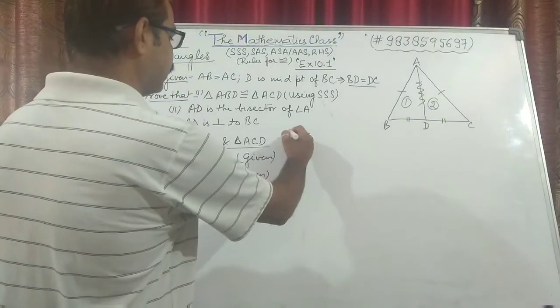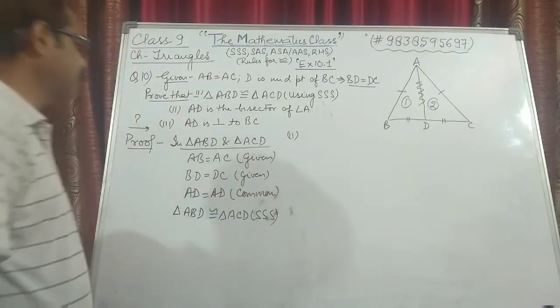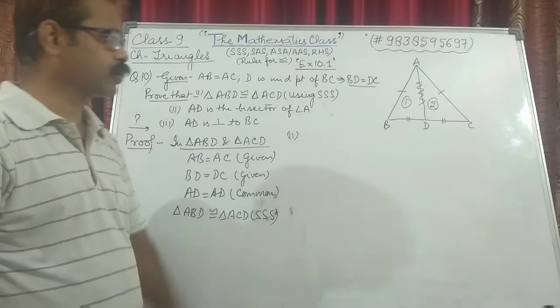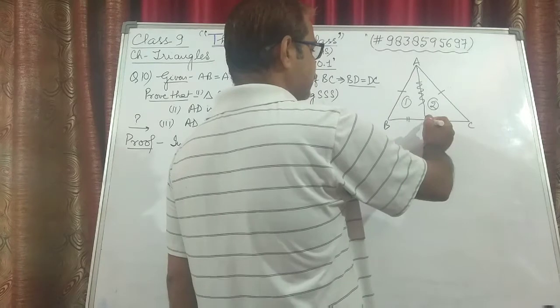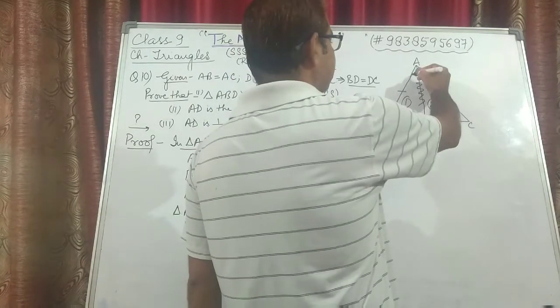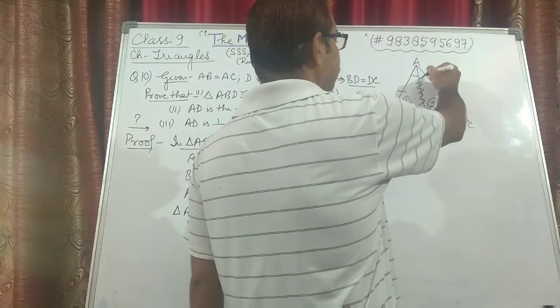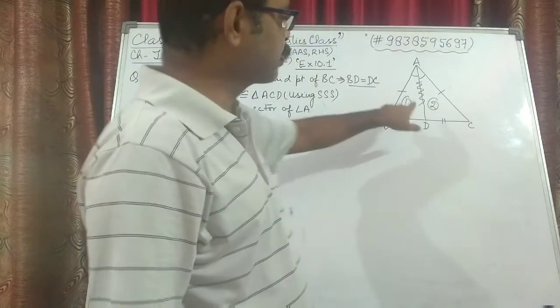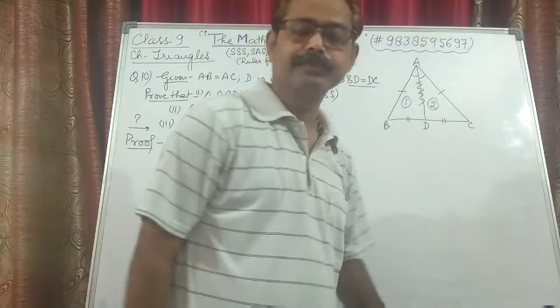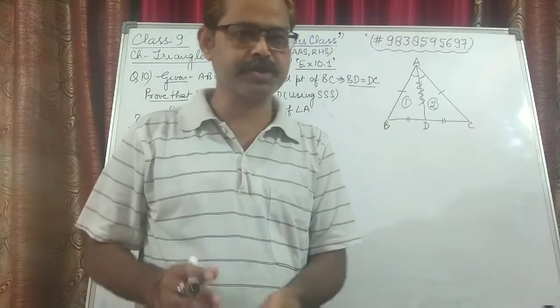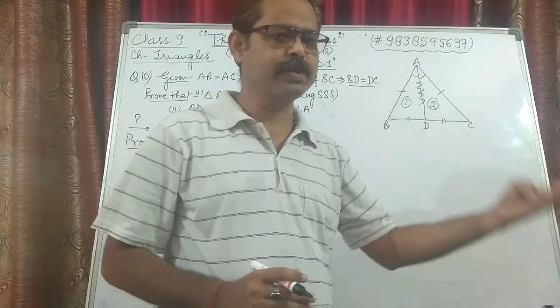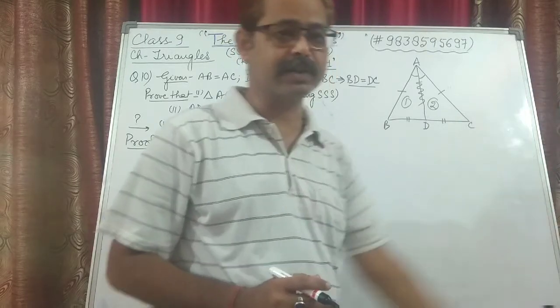Now second part, you have to prove that AD is the bisector of angle A. If AD bisects angle A, it means that this angle and this angle have to be equal. So when the two triangles are congruent, then you can say all the 6 elements of the first triangle are equal to the corresponding 6 elements of the other triangle.